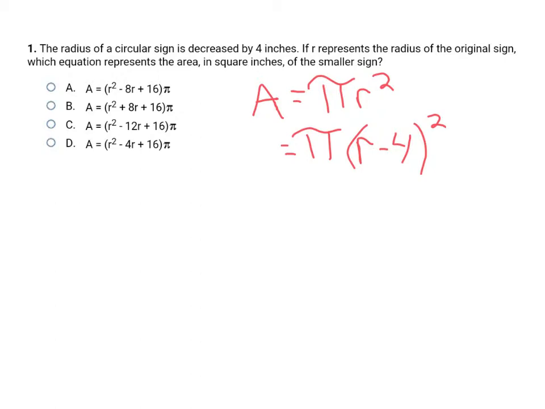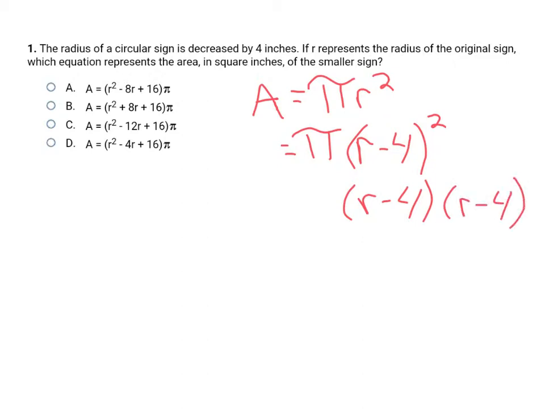And so that's basically your new formula, only our choices here want it in standard form or closer to it. So I'm actually going to FOIL out this (r minus 4) squared. And this is the trickiest part because some people want to just square the r, square the 4, and call it good.